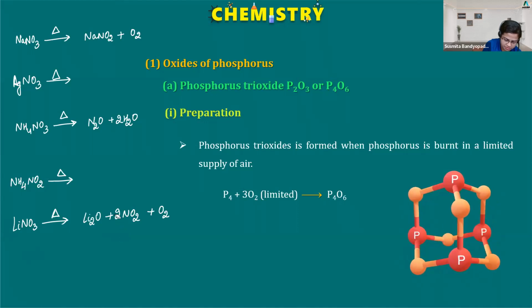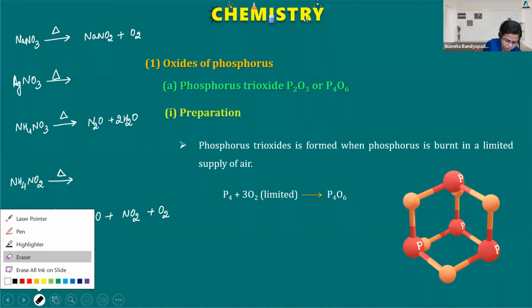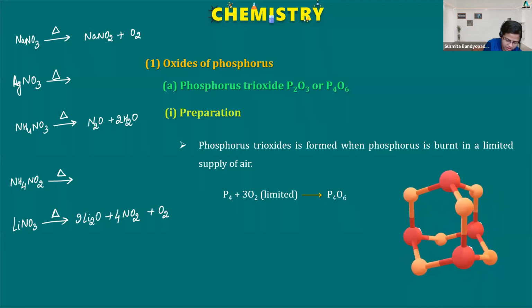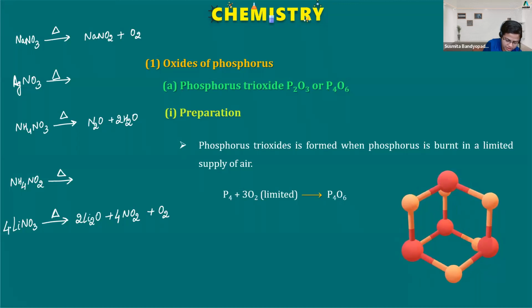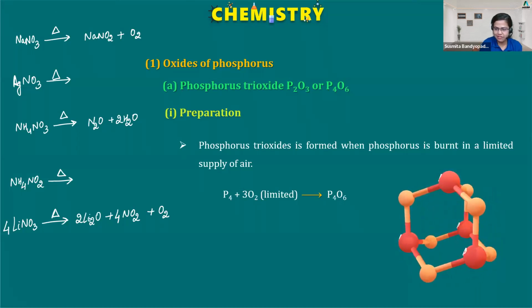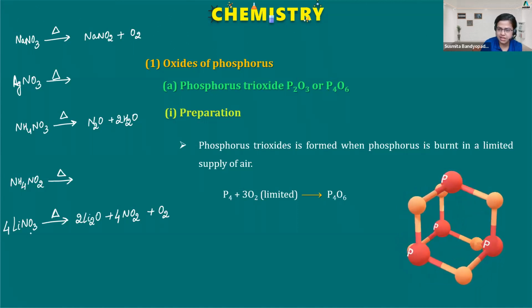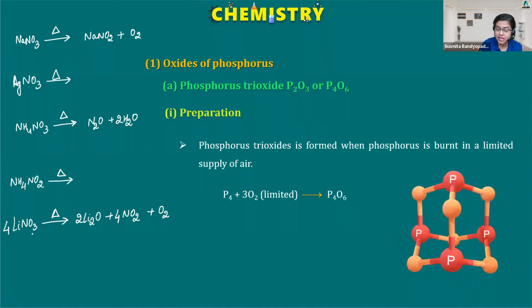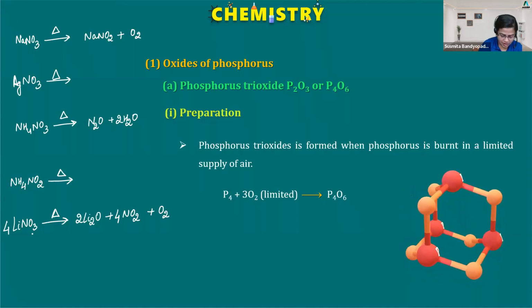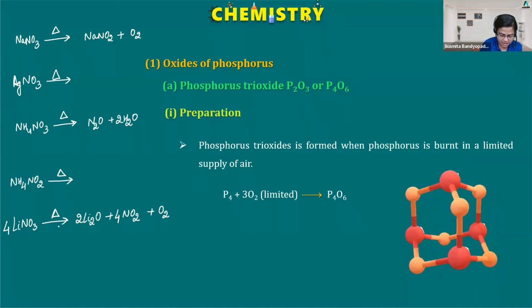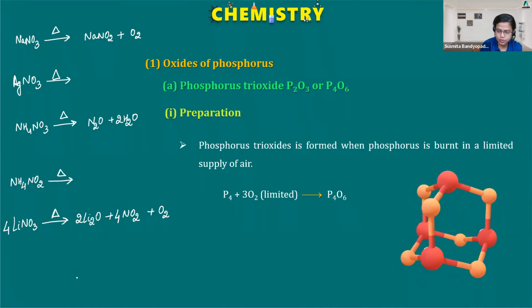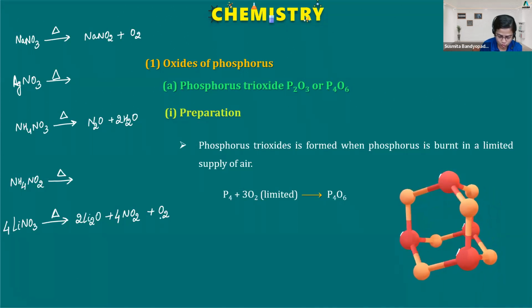It will be balanced if I take 4 here, 2 here, 4 here. So lithium is balanced, nitrogen is balanced, and oxygen is balanced. Perfect, the equation is balanced. So if it's lithium nitrate, the thermal decomposition products, which are the next important thing for your exams, are Li2O, NO2 and O2.